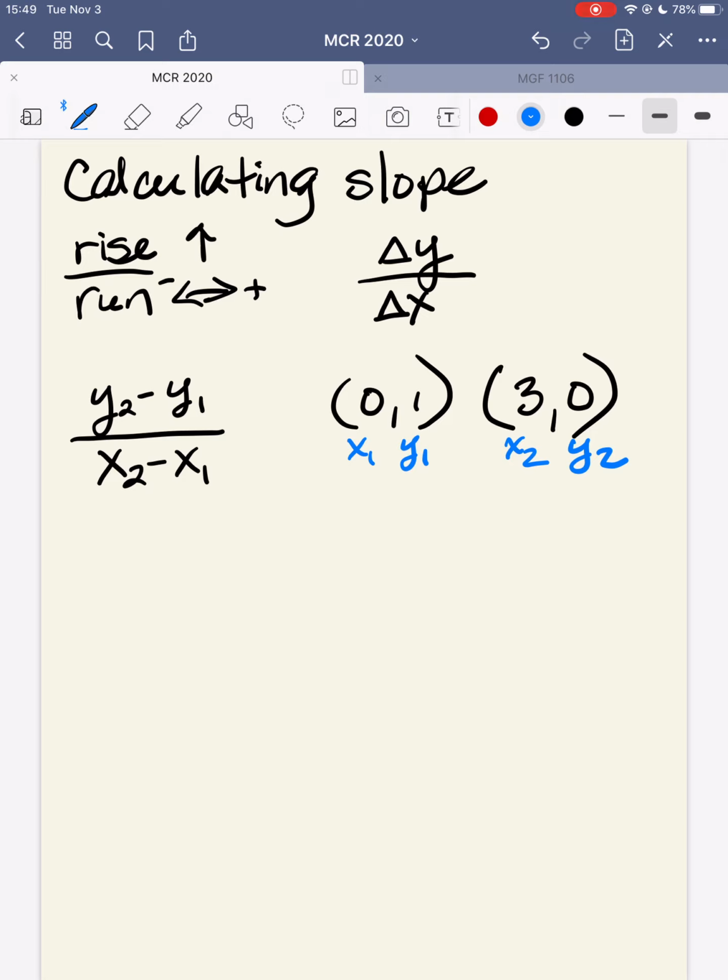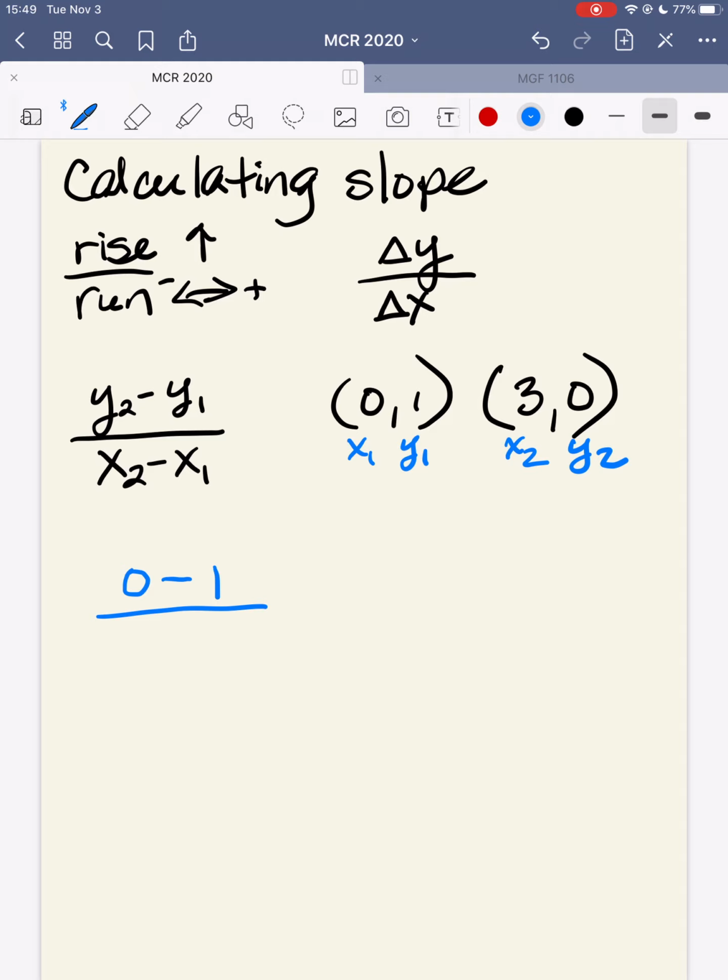If I have them labeled, I just plug them into the formula. I start off with y2, in this case y2 is 0, minus my y1. My y1 is 1. Now the bottom has to go in the exact same order.